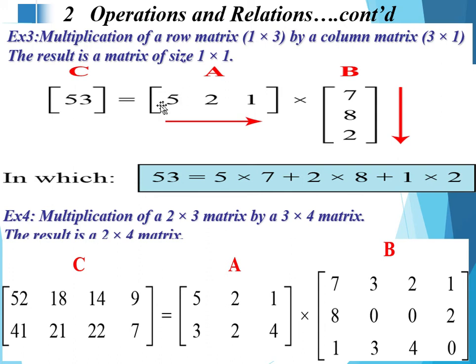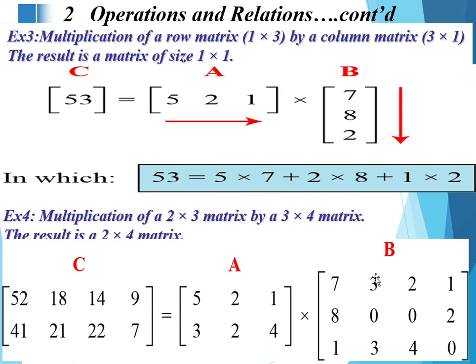In the first example, we saw a one row, one column matrix, and we got one number. Similarly, we perform it here. For the second row, we use the second row of matrix A multiplied with the first column of matrix B. The result is 41.